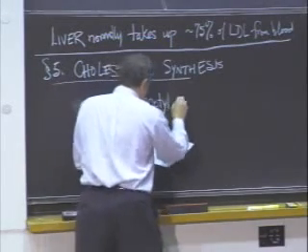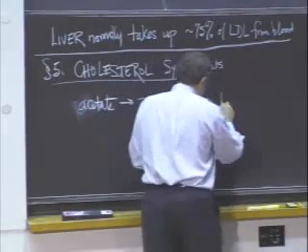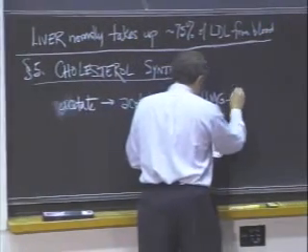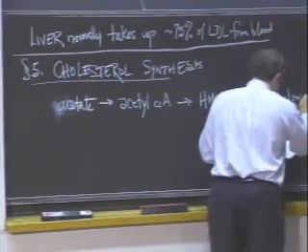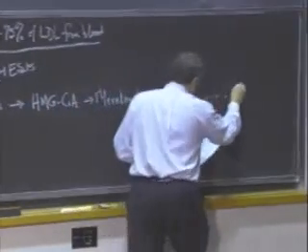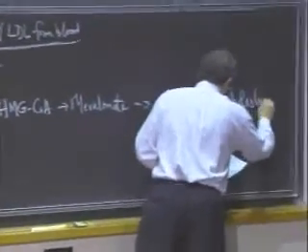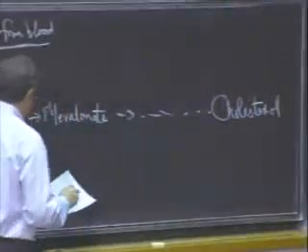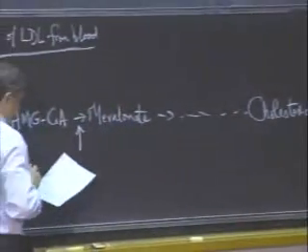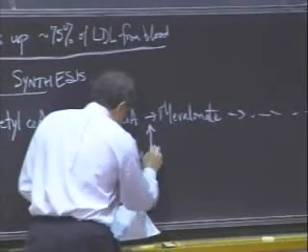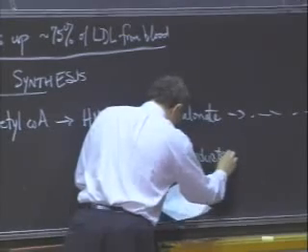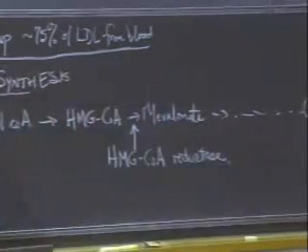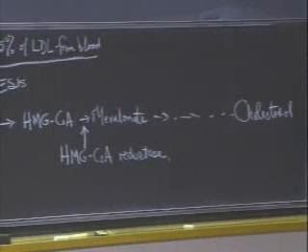It goes to acetyl-CoA, which goes to HMG-CoA, which goes to mevalonate, which goes on to make cholesterol, and the key committed step of cholesterol synthesis is carried out by an enzyme called HMG-CoA reductase. Okay? Now you have all the facts.